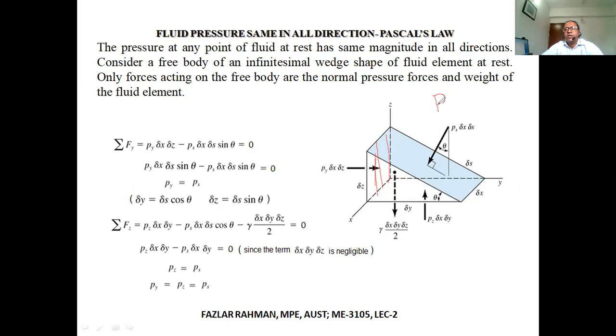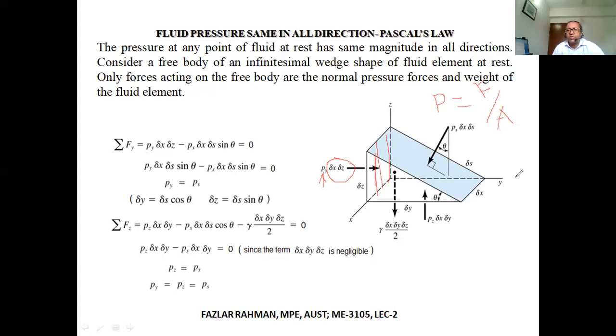We know pressure equals F by A, so force will be pressure into area. What will be the area of this rectangle? Height is delta z, and this arm is delta x. So this is my area, and this is the pressure. Pressure into area means force. This force is working toward the right side.